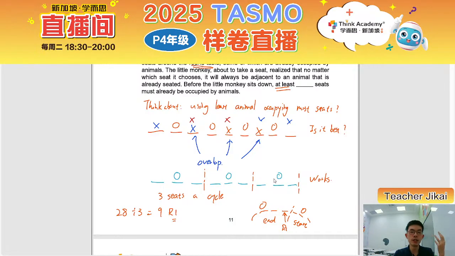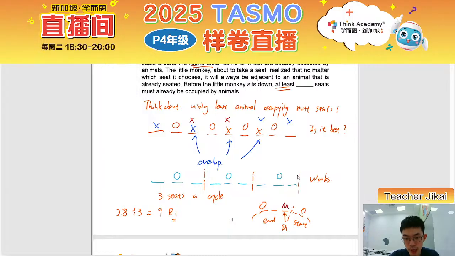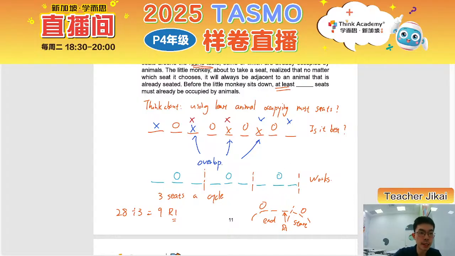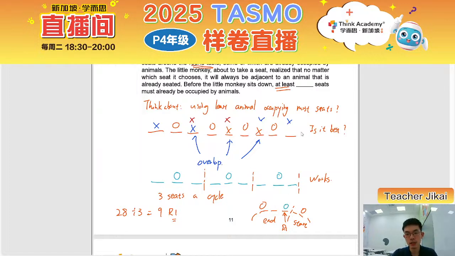Does this seat need to have an animal? First, if we don't have an animal and the monkey sits in this seat, left side nobody, right side nobody, right? It won't be the case. So this one must be occupied by another animal. Then the monkey cannot sit here.